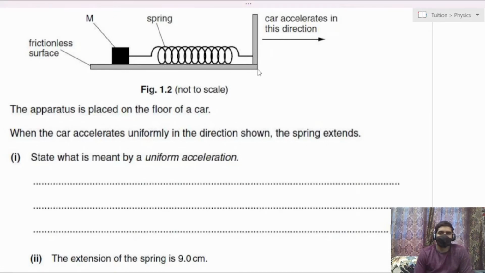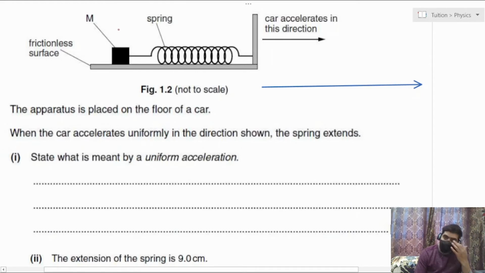For uniform acceleration, you have to consider it this way. Let's say an object started to move when the time was 0 seconds, and the velocity of the object was 10 meter per second. When the time was 1 second, the velocity was 20 meter per second.